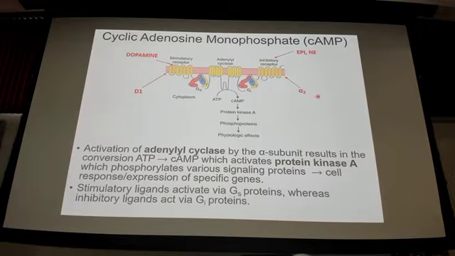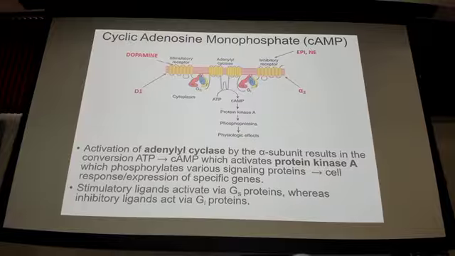Now, conversely, we have alpha 2. This would be inhibitory. Either epinephrine or norepinephrine would bind, inhibiting the activation of adenyl cyclase, and thus inhibiting all the cascade events in this pathway to exhibit its biological effect.